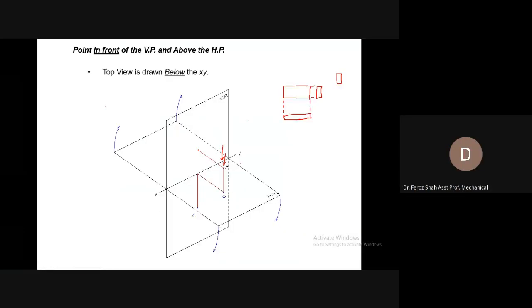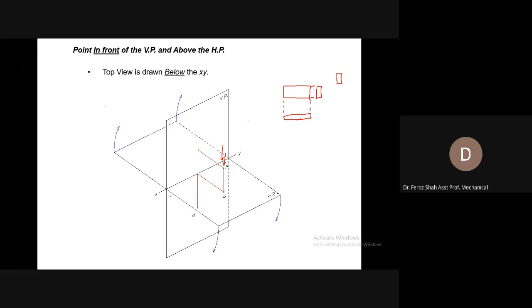In order to do that, you will have to rotate the horizontal plane about 90 degrees. So this top view will go to this position. Now you can see that when you rotate the horizontal plane and it merges with the vertical plane, this top view which was drawn on the horizontal plane will also be shifted to this position.